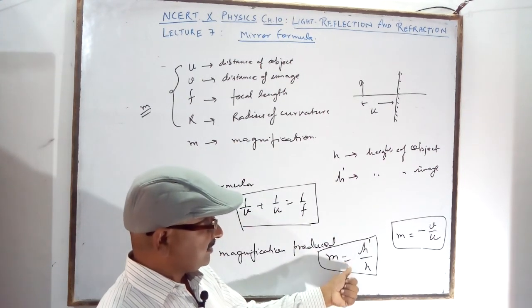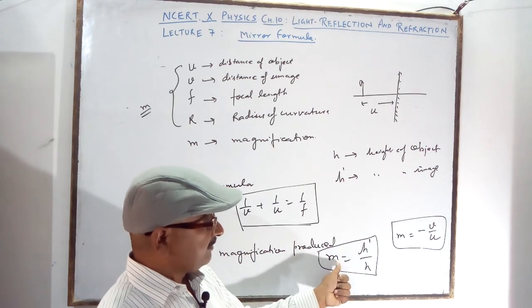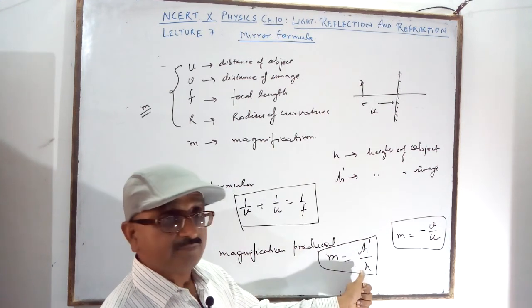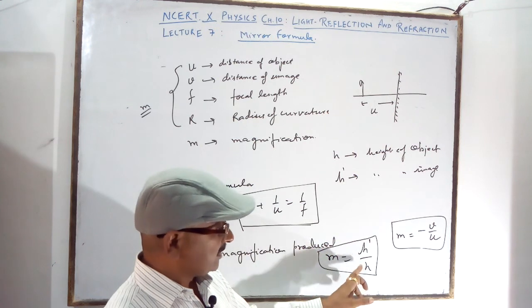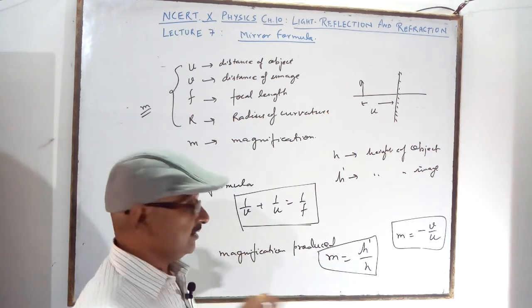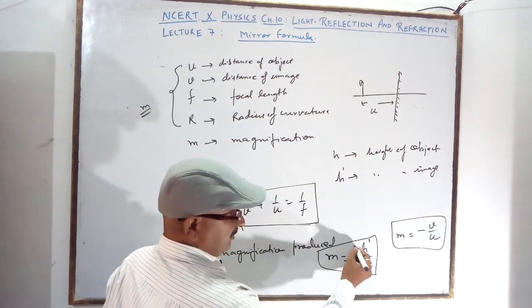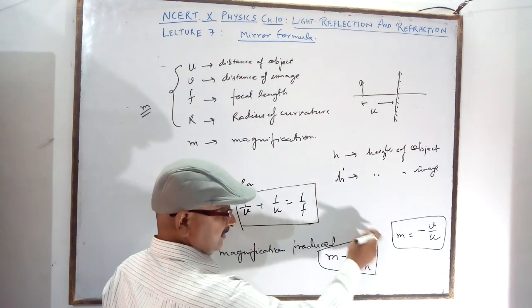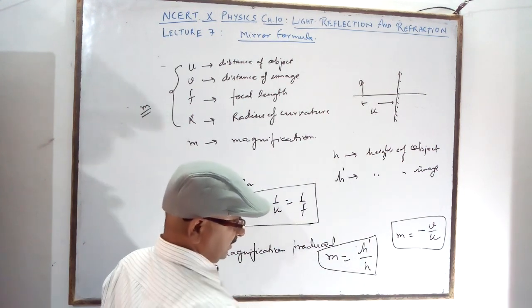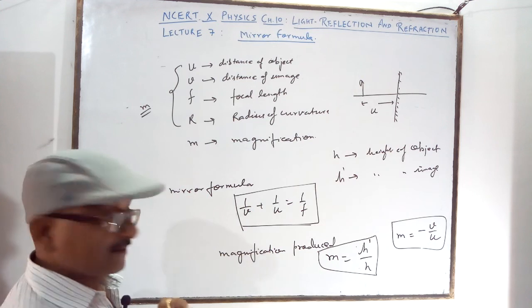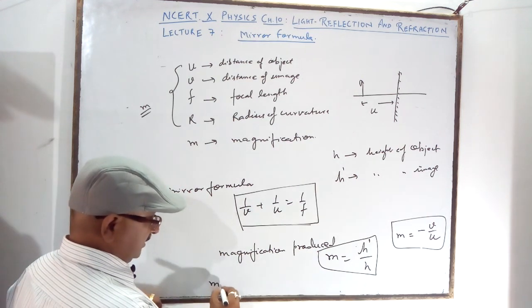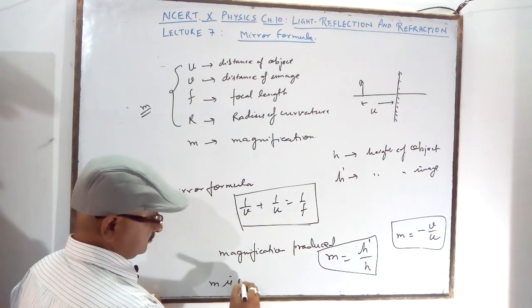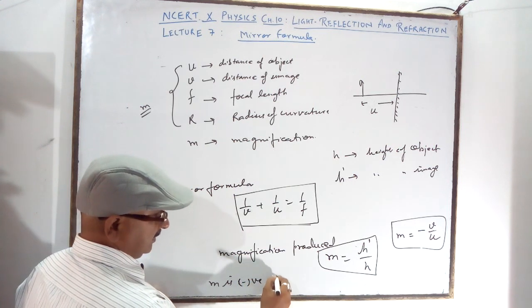By this formula you can tell, if the magnification is negative, then it is a real image, because h is always positive. Height is always positive. If h dash is negative, then the result is negative. If m is negative, then real.